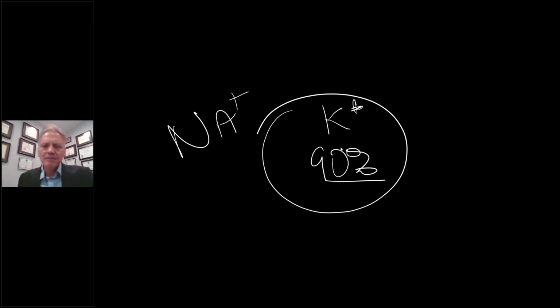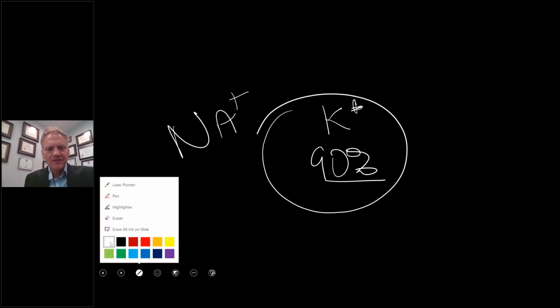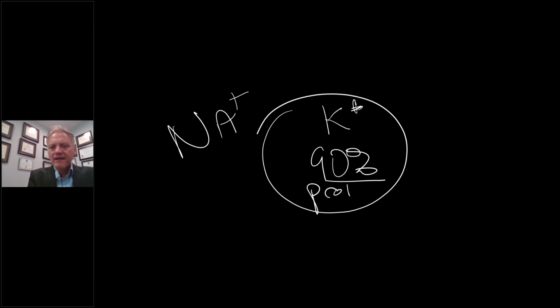Okay, so the potassium, 90% of it is inside the cell, and sodium, most of it's outside. Now, in order for cells to function, we have to have a balance in polarity. Now, you could ask, well, sodium's positive and potassium's positive, how does this work? Well, most of your proteins are inside the cell. Since protein is inside the cell, the protein carries a negative charge, and there's so much protein in the cell that it counterbalances the potassium.